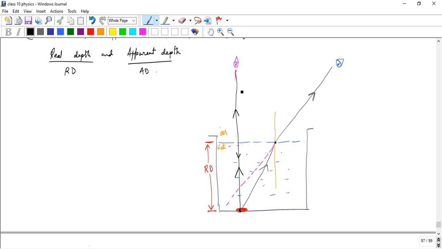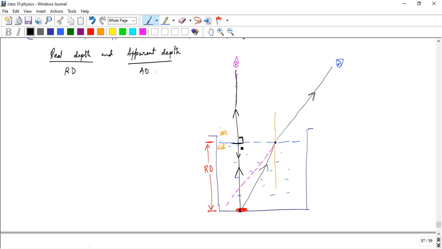If the incident ray is along the normal on the surface, the refracted ray is also along the normal, so there is no bending.